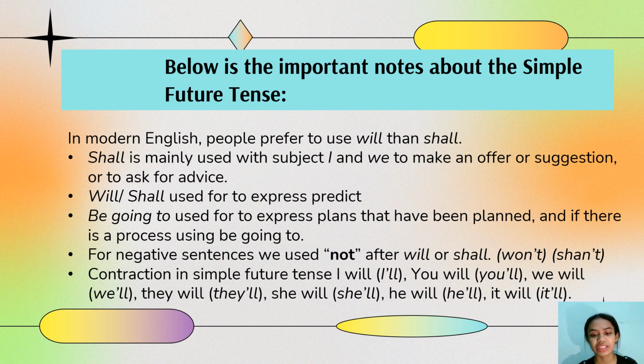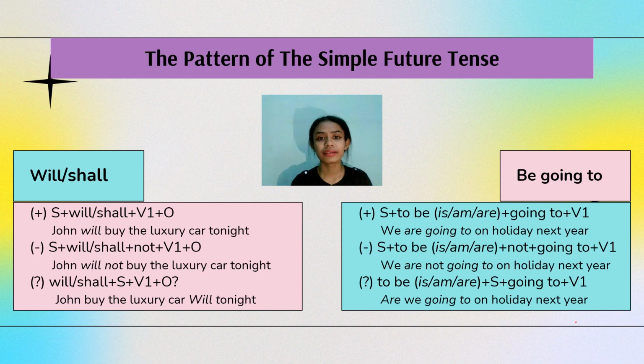Contractions in simple future tense: I will, I'll, you will, you'll, we will, they will, they'll, etc. Next, the pattern of the simple future tense.